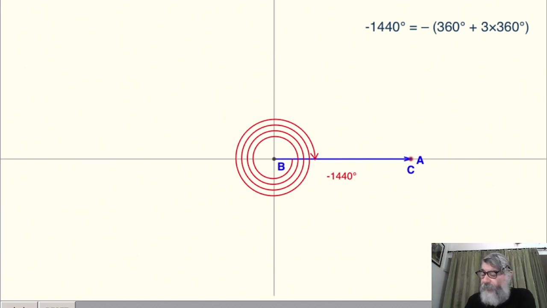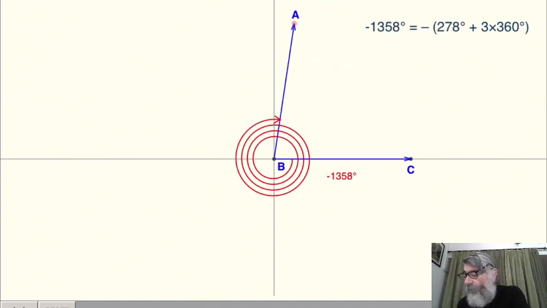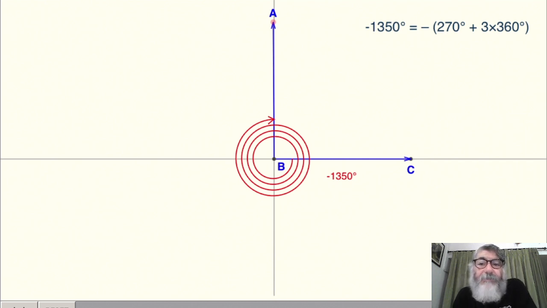But suppose I move it back here. Now it is minus 1350. Now forget about the minus.